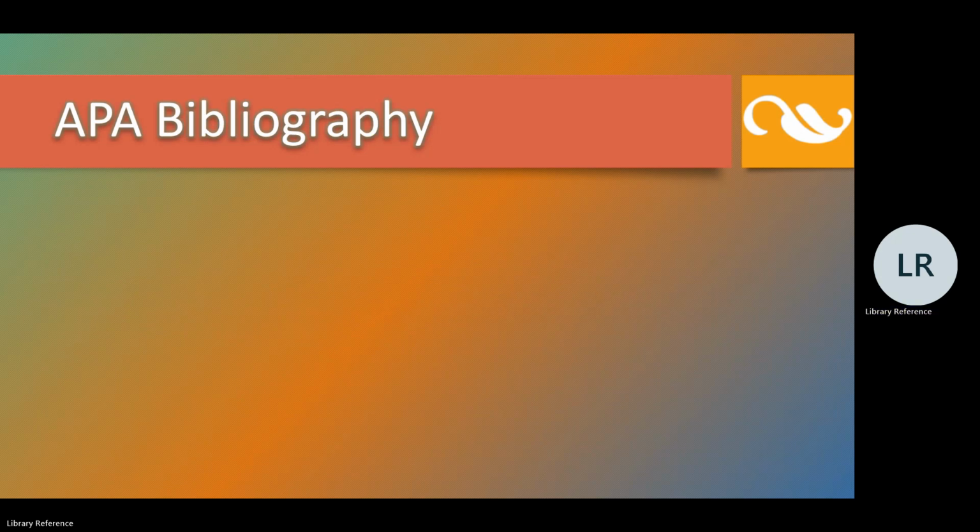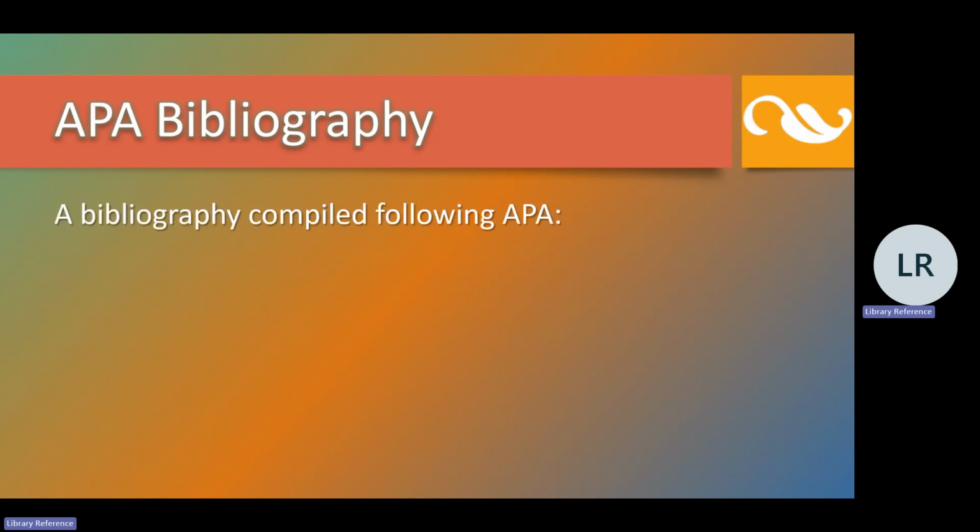We mentioned what a bibliography is. What is an APA bibliography? An APA bibliography has some characteristics. The first characteristic is that it is not called a bibliography, it's called references. That's why the label references always appears at the top of an APA bibliography.